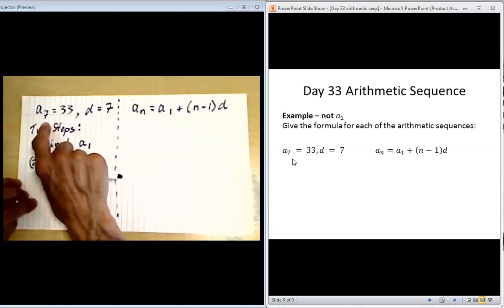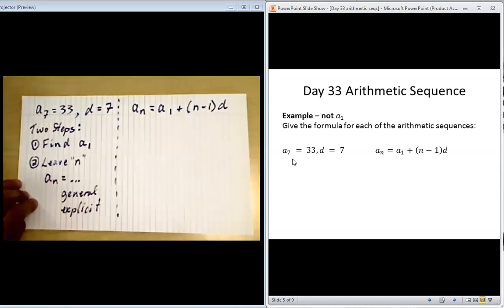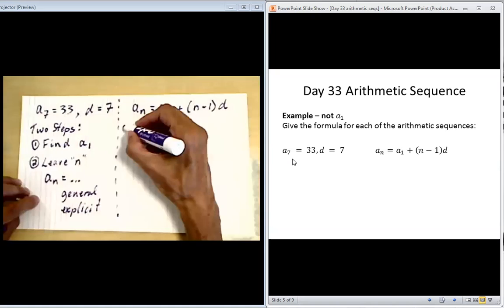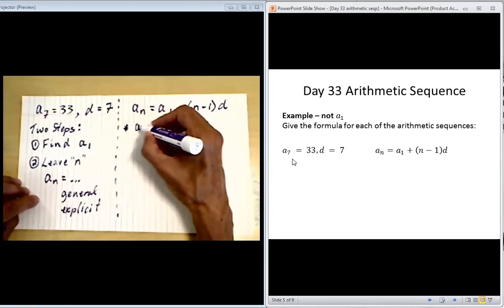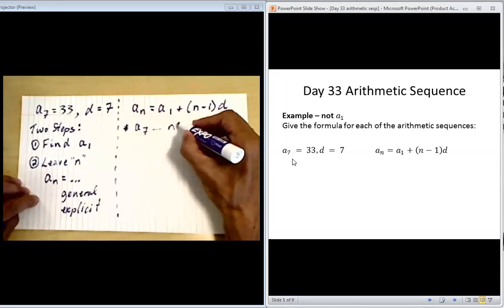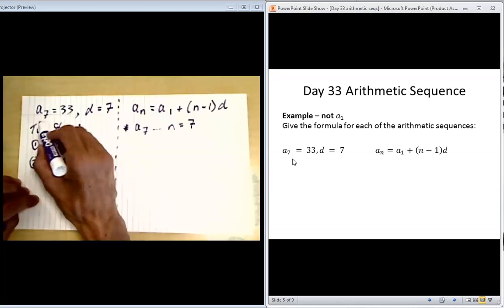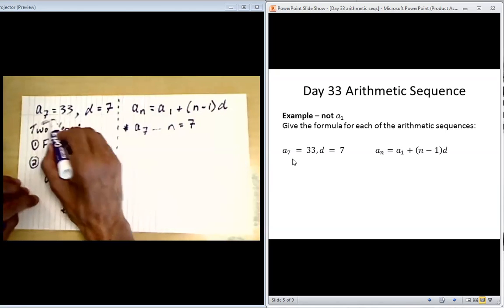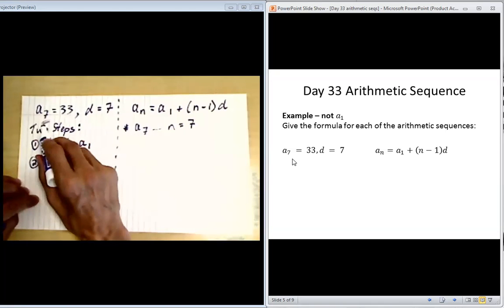There's some special value in there that's important for us to notice. Since we're talking about A7, this means that N is equal to 7. This 7 right there, not that one, that's D, of course. That 7 there means N is equal to 7.